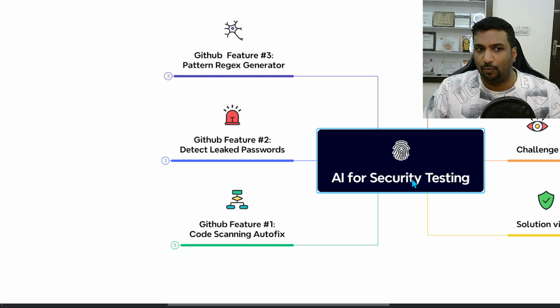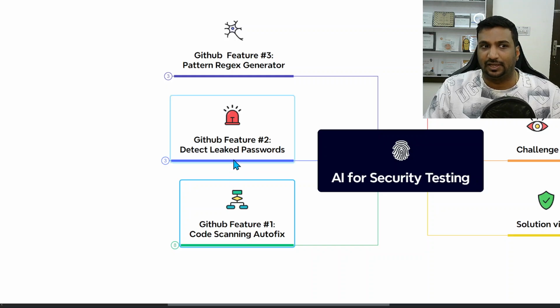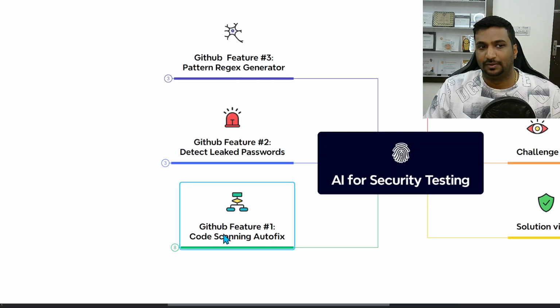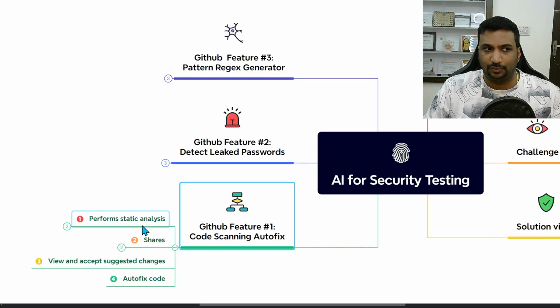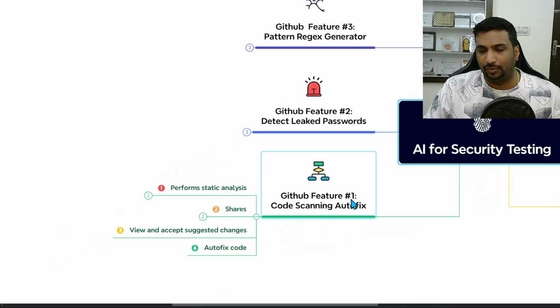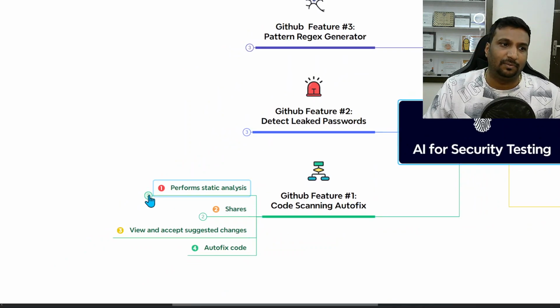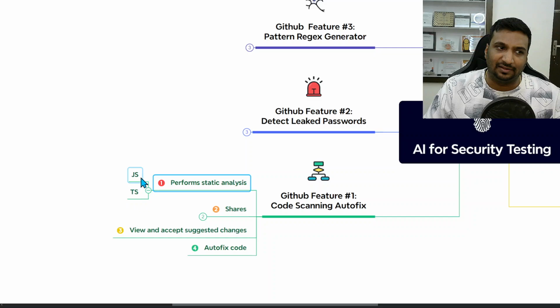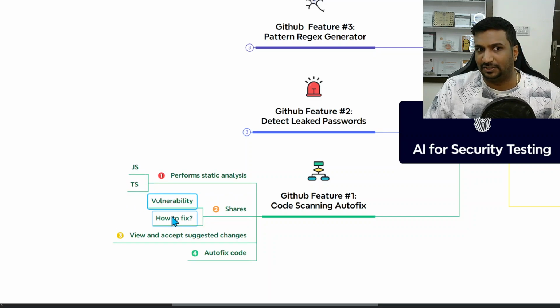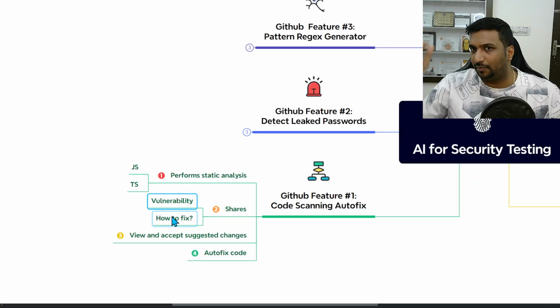First is code scanning autofix, second is detecting leaked passwords, and third is the pattern regex generator. Let's start with the first. Whenever somebody uses code scanning autofix, GitHub will automatically perform static analysis on JavaScript or TypeScript code, and it will share the vulnerabilities, saying these are the issues and this is how you have to fix them.